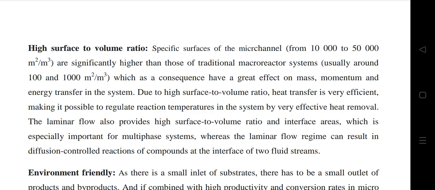Due to the high surface to volume ratio, heat transfer is very efficient, making it possible to regulate reaction temperature in a system by very effective heat removal. The laminar flow also provides high surface to volume ratio, which is very important for multiphase systems, whereas the laminar flow results in the diffusion controlled reaction of the compound.